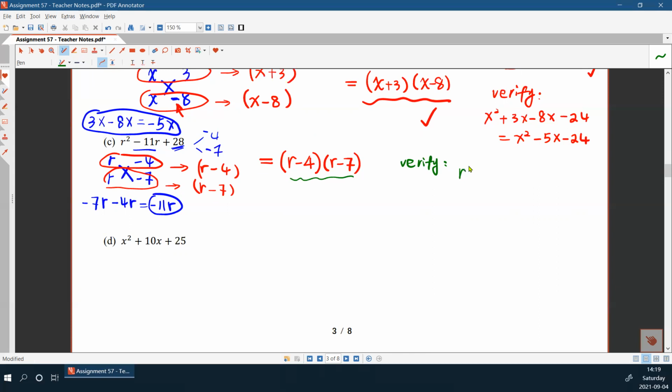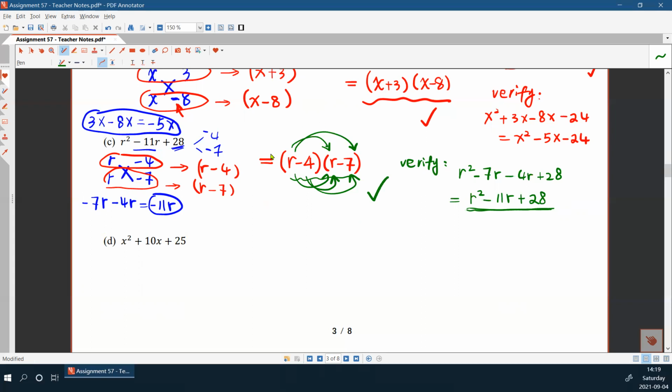This is r squared, then minus 7r, and then minus 4r, and plus 28, which is r squared minus 11r plus 28, right? And as you can see here, this expression is the same with the original one. So that means our factoring here is correct.